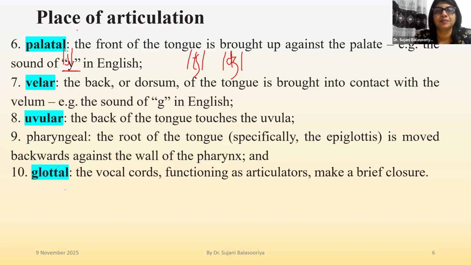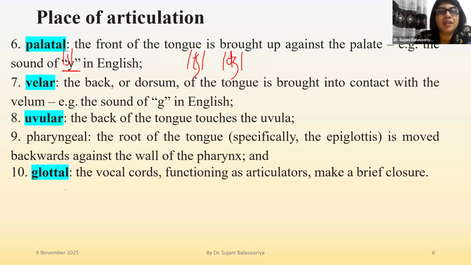Back of the tongue rises and touches the velum or the soft palate to produce velar consonants. So we have 3 velar consonants. 1 velar consonant is given in the note. That is g. What are the other 2 velar consonants?